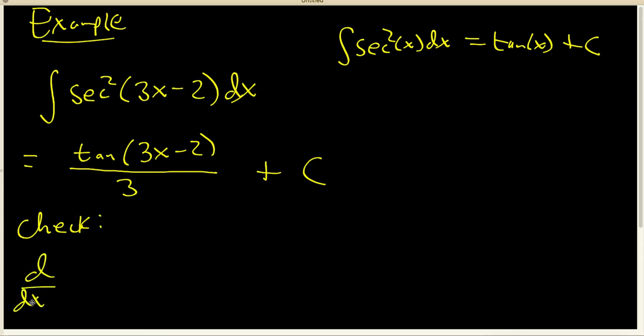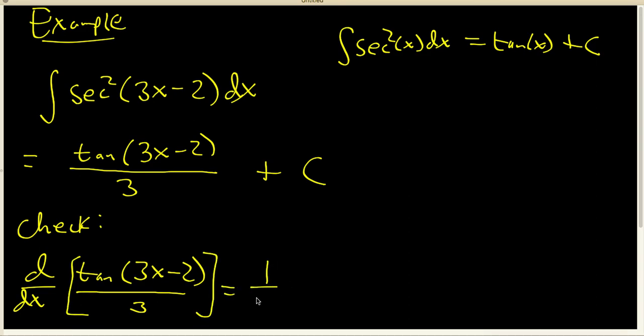My check would go like this. If I take the derivative of tangent of 3x minus 2 divided by 3, that's going to be 1/3 times the derivative of the tangent of 3x minus 2.